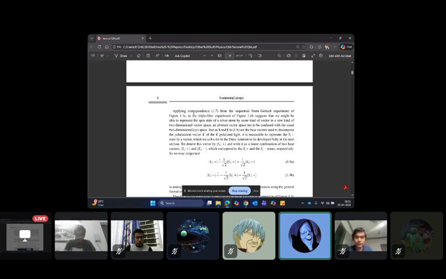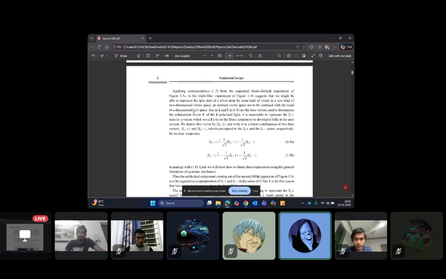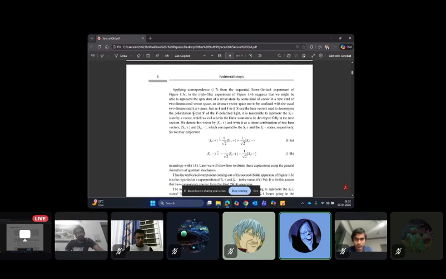Just as x hat and y hat in 1.8 are the base vectors used to decompose the polarization vector x hat prime of the x hat prime polarized light, it is reasonable to represent the spin in the x direction plus state by a vector, which we call a ket in Dirac notation, to be developed fully in the next section. We denote this vector and write it as a linear combination of two base vectors, which correspond to the spin in the z direction plus and the z direction minus states, respectively. So we make a conjecture.